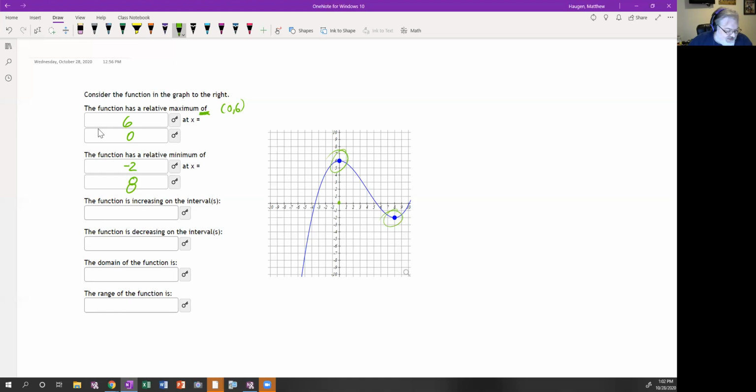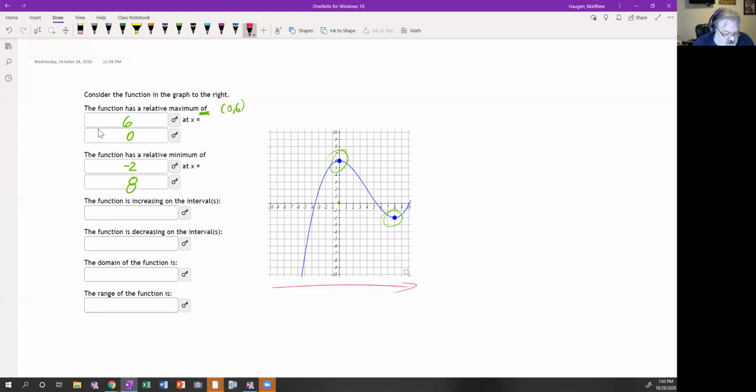The function is increasing on some interval. Remember, when we talk about increasing, we're talking about what x values make the function go up, essentially, as we travel in this direction.